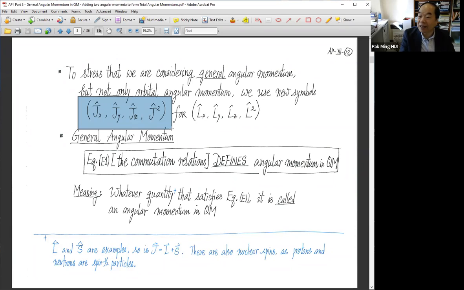When we consider orbital angular momentum, we can take it as a special case of what we are going to discuss and call it L. And when we discuss spin angular momentum, we could take it as another special case and call it S, okay? Because they're so important, they have their own symbols. In general, we will just call the angular momentum J. And later on, we will use the same symbol J for the total angular momentum, but that is later.